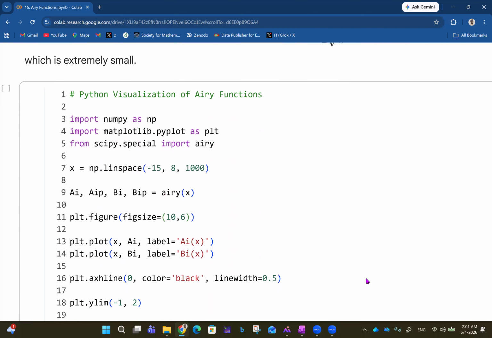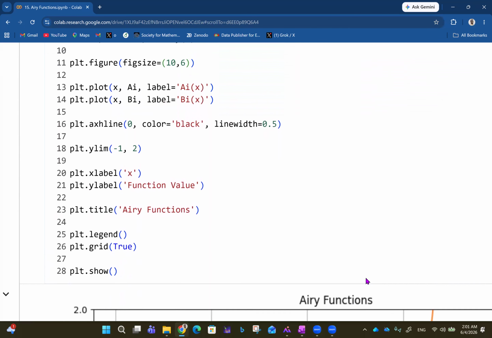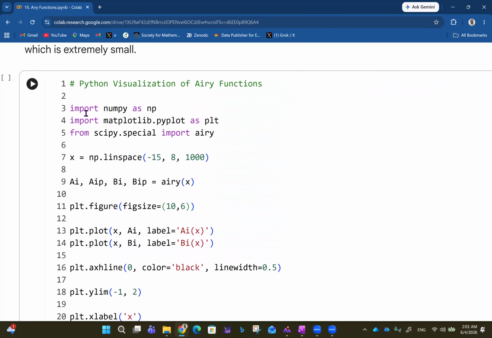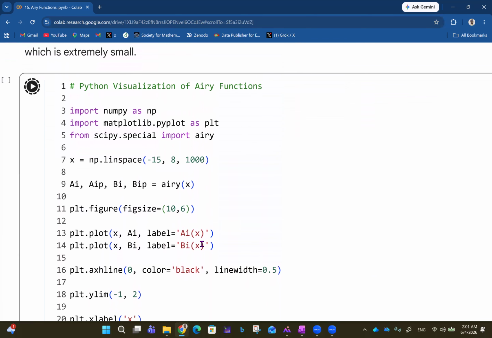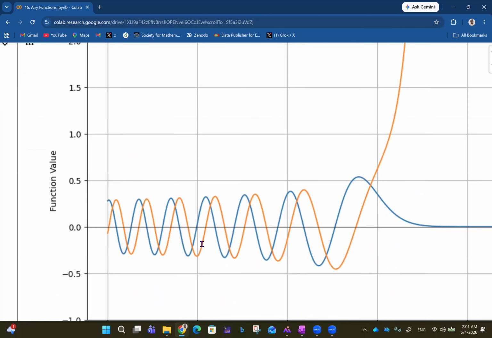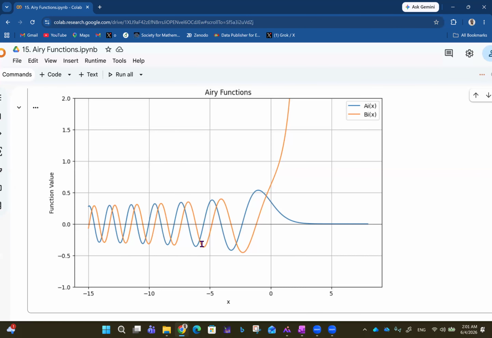So we can actually visualize that here. I have the visualization here. On the negative side, you can see the oscillation for both Ai(x) and Bi(x).